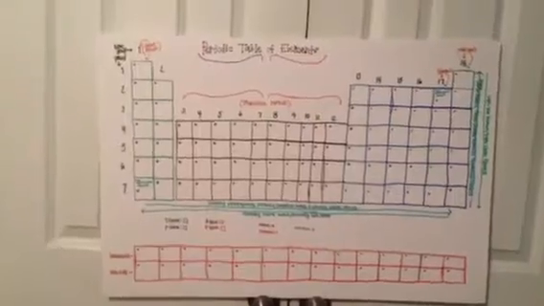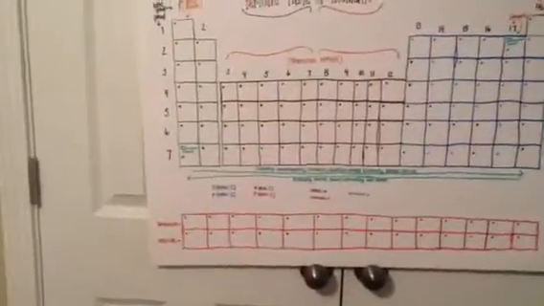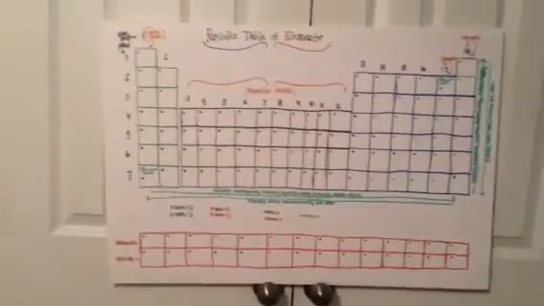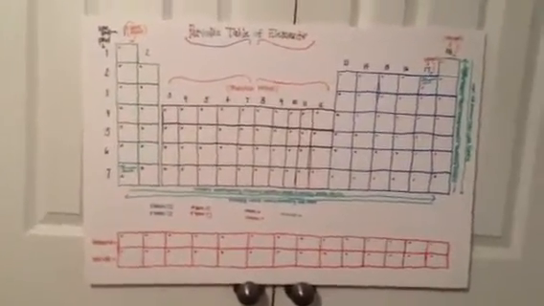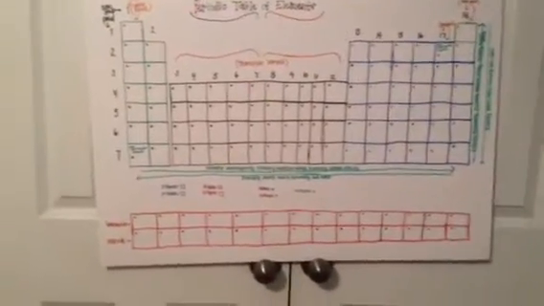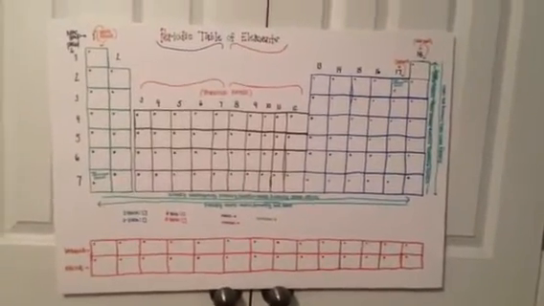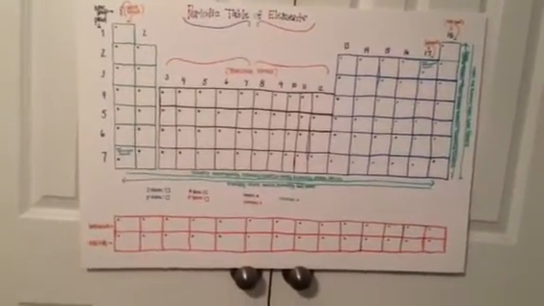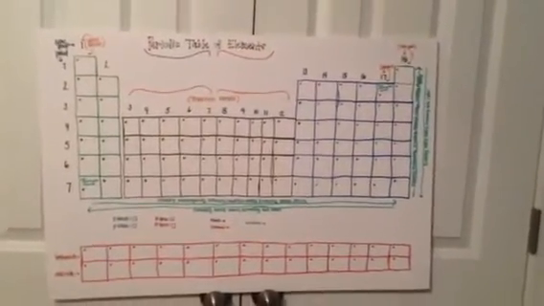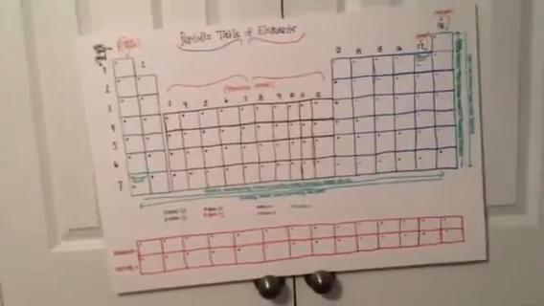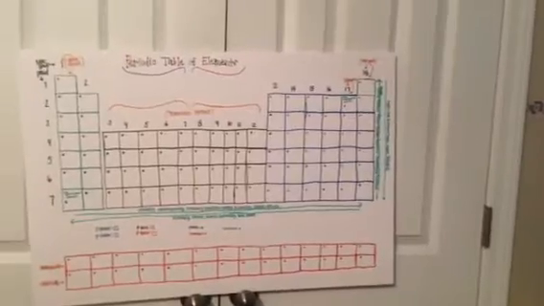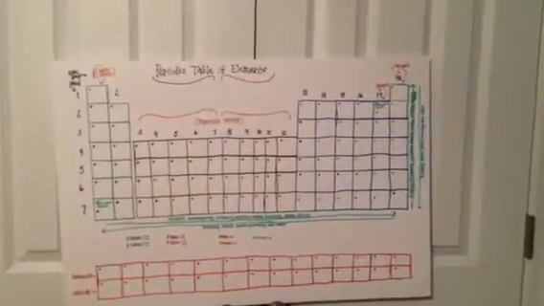Properties of each. So the metals are shiny, solid, ductile and malleable, and they're good conductors of heat and electricity. And nonmetals are the complete opposite of metals, which include being brittle, not malleable, or ductile.